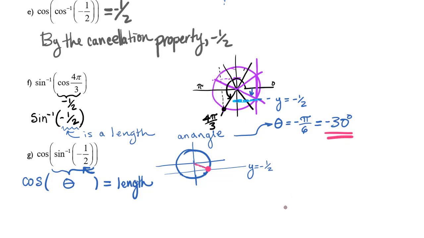Well, we already found that to be negative 30 degrees, or negative pi over 6 in radians. So now we have cosine of, we'll just go ahead and use degrees, negative 30 degrees, and we need to now figure out what that is in the x direction.